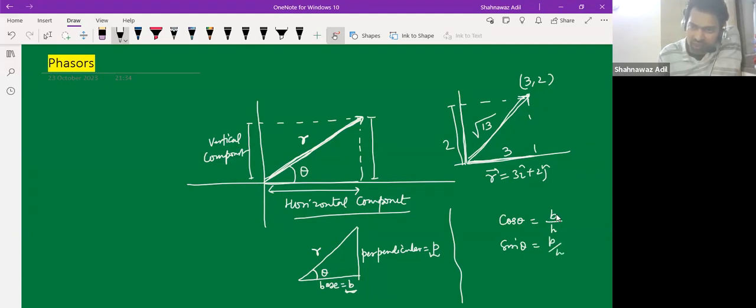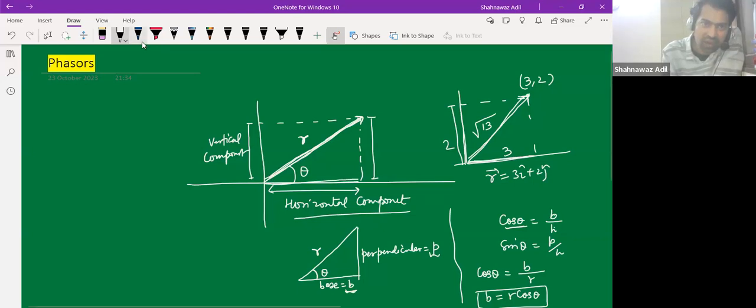So base and hypotenuse are related by cos theta. If we write cos theta equals base by hypotenuse, and hypotenuse is given as r, then base would be r cos theta. So whenever you have a vector, we can write its horizontal component as r cos theta.